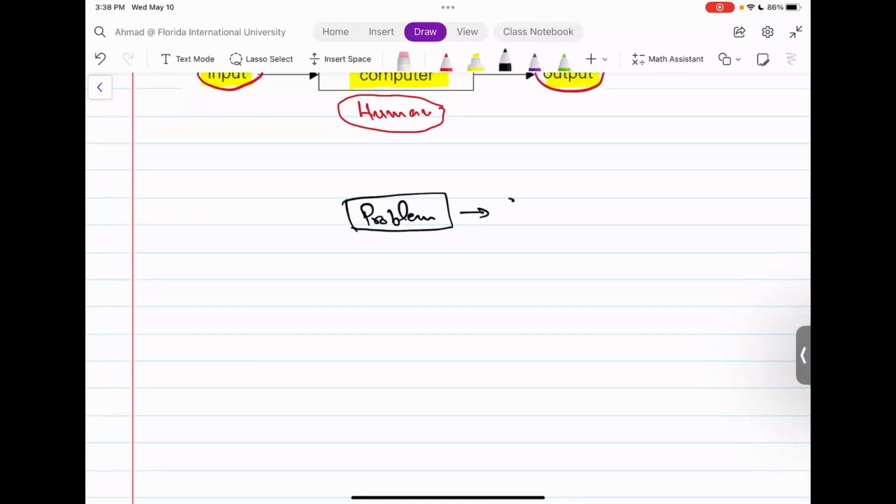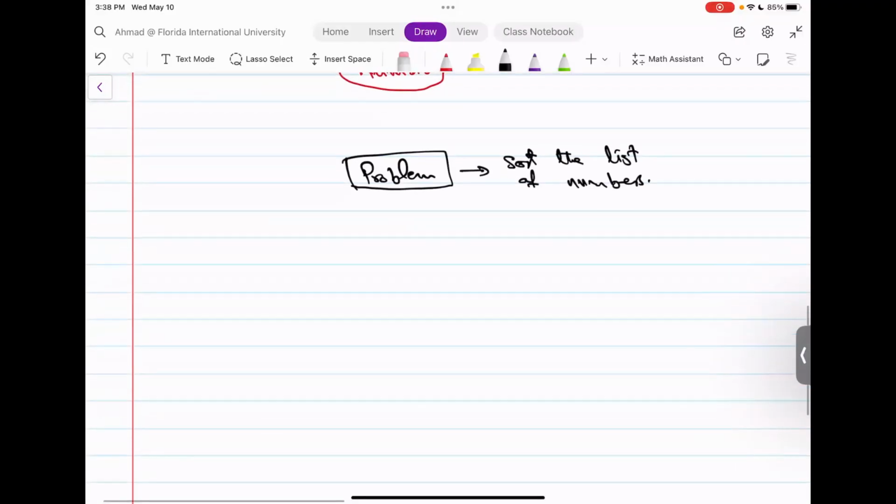The problem is I want to sort a list of integers, a list of numbers. Now, if this is a problem, in how many ways can I sort a list? The answer is, there is not only one way, there are many ways. For example, there are more than 200 sorting algorithms available, in theory.